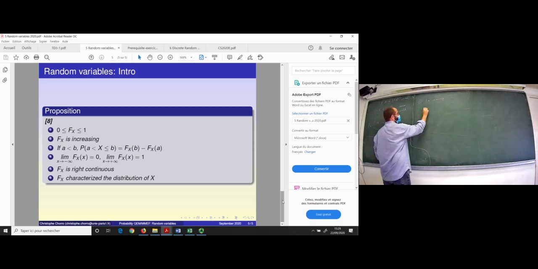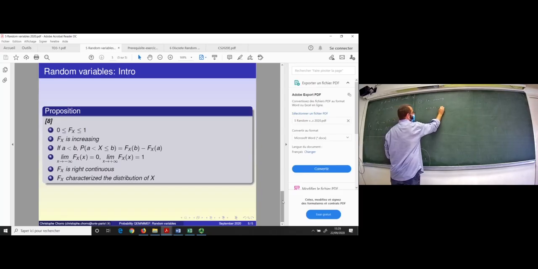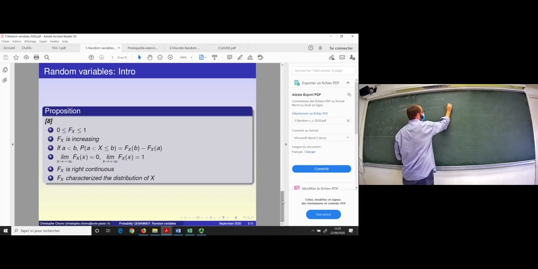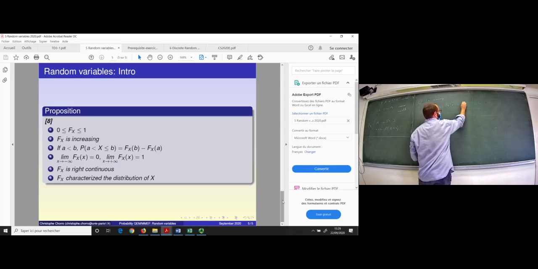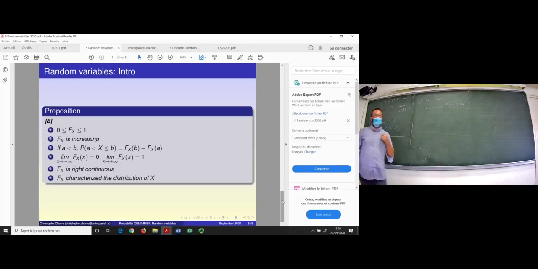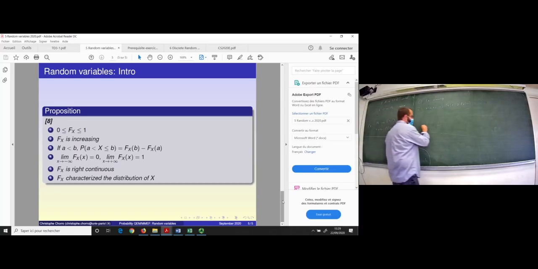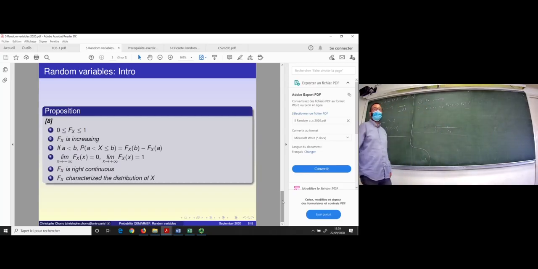I have to prove that if x1 is greater than x2, then F_X(x1) is greater than F_X(x2). I have to prove this. And I am in this situation: I have x2 that is here, and that is smaller than x1.